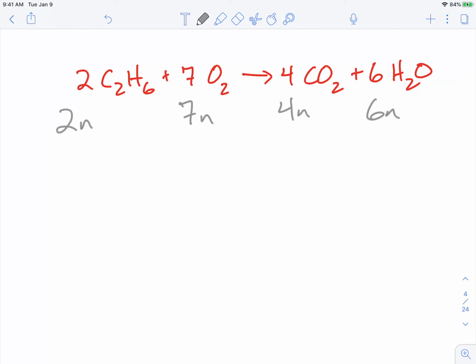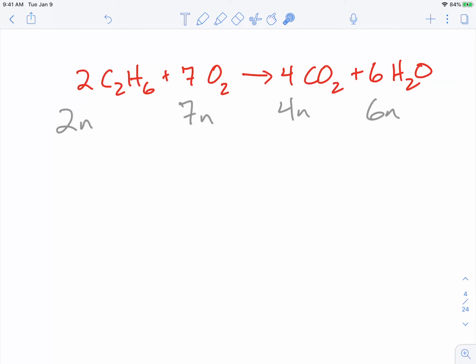Now this is all well and good, and it tells me that if I want to do this reaction as it's written, my recipe says that for every 2 moles of C2H6, I'm going to need 7 moles of O2 to completely react. Now, that's great, except I can't go to a scale and measure out moles of a substance.